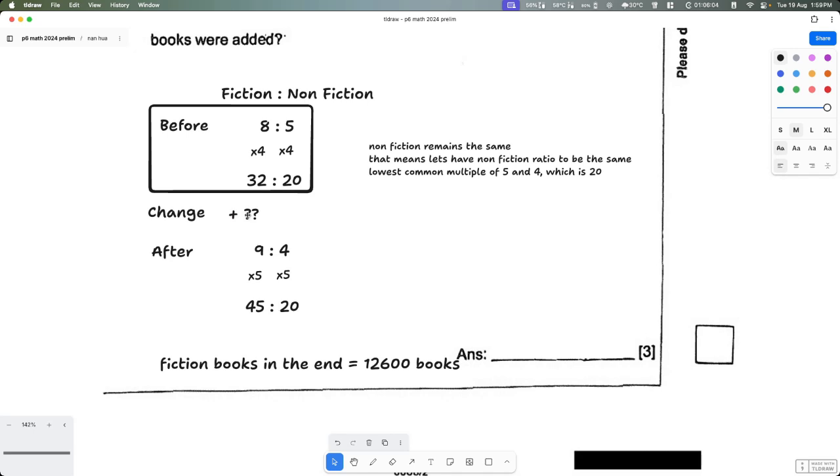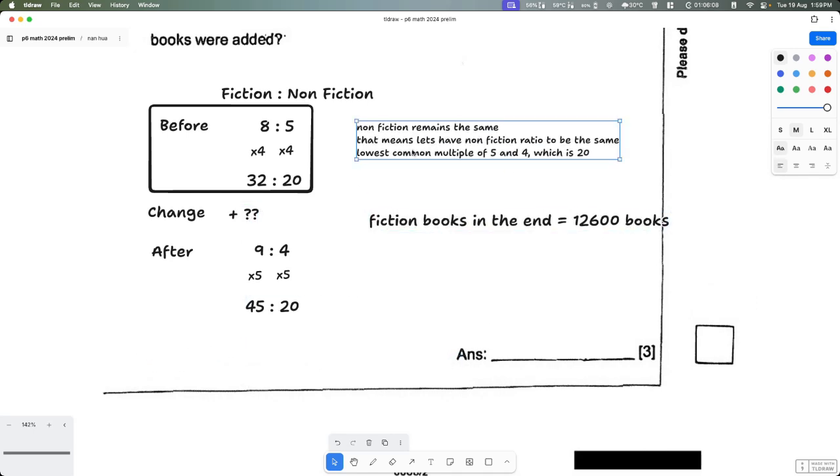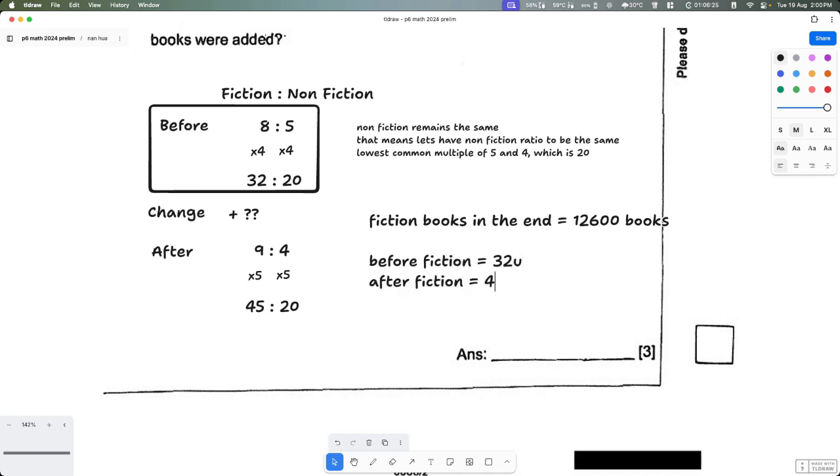So before, fiction is equal to 32 units. After, fiction is equal to 45 units.